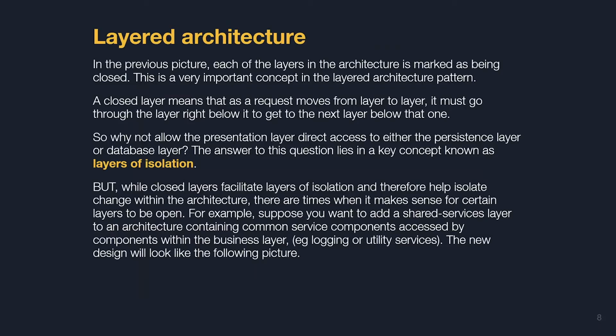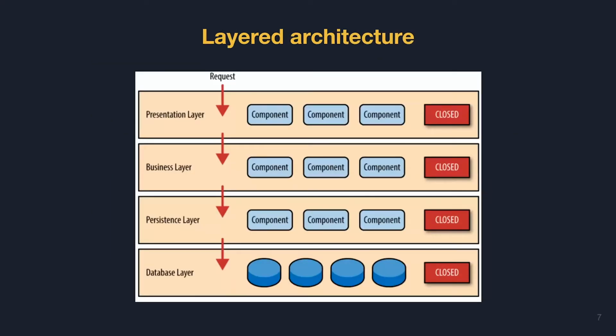One of the pros of this architecture pattern is this strict rule of not allowing layers to communicate with each other randomly. Why? Because this hides the implementation details and also allows for scalability. So imagine we want to refactor the business layer.